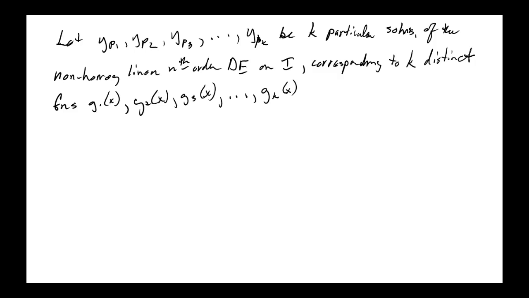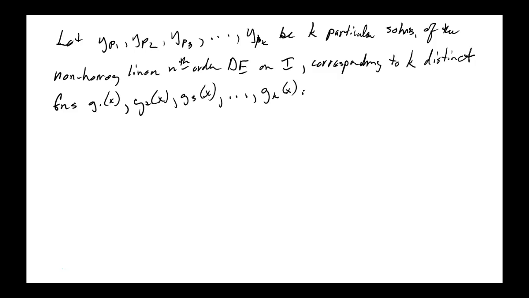And if these are your particular solutions that correspond to each of those pieces of your g of x, up to k pieces, however many you happen to have, okay, that's the given. That is, suppose y sub p sub i denotes a particular solution for that non-homogeneous equation if g sub i of x was the only one that was there.